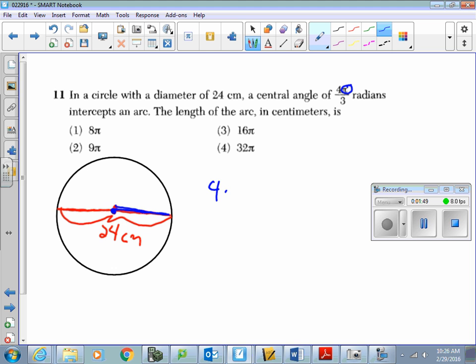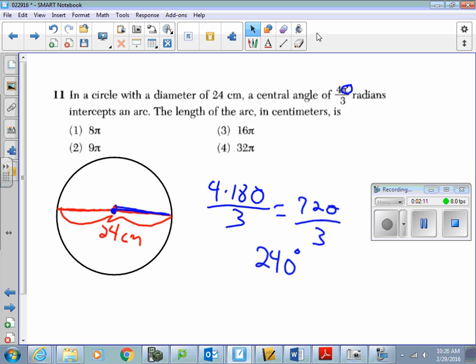So you can really do 4 times 180 divided by 3 if you want degrees. One reason I'm doing this is because a lot of students like degrees more. So this would be 720 over 3, which would be 240 degrees, right?